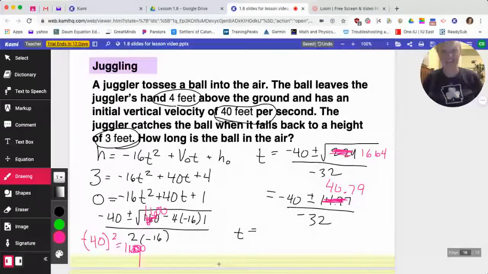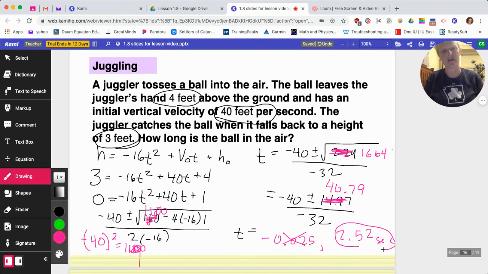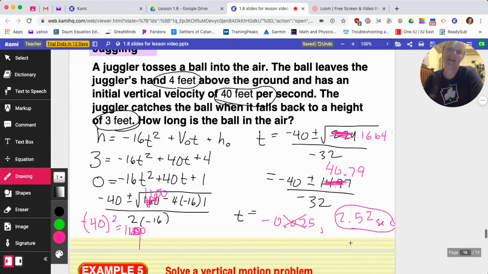I get t equals negative 0.025, and then negative 40 minus 40.79, divide that by negative 32. There we go. And I get 2.52. And we are in seconds. We negate the negative. We only pay attention to the positive because it's a real world problem and I can't do negative time.